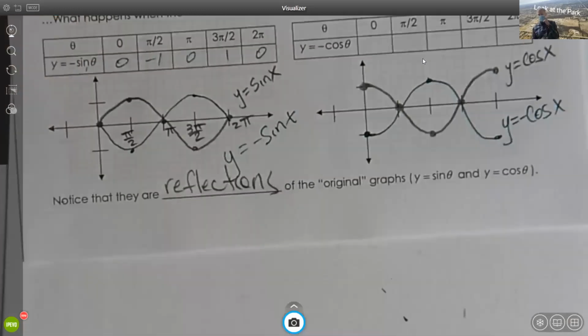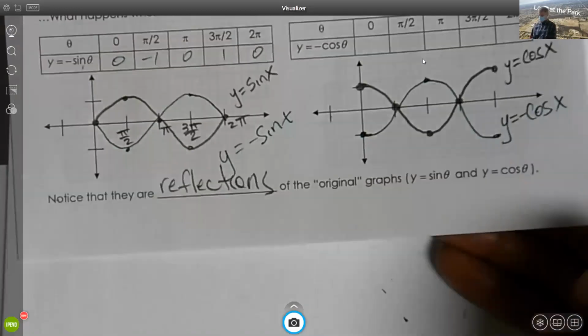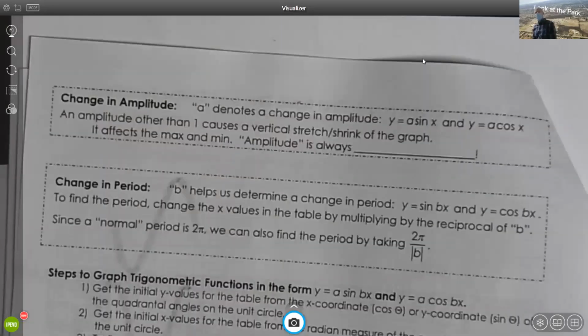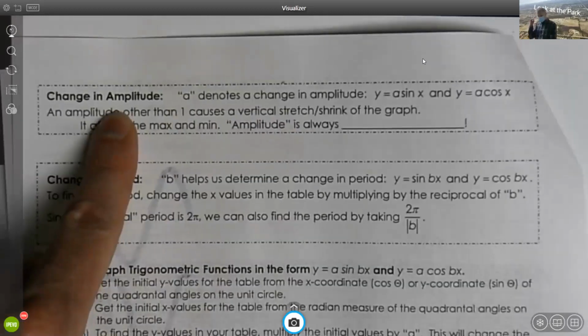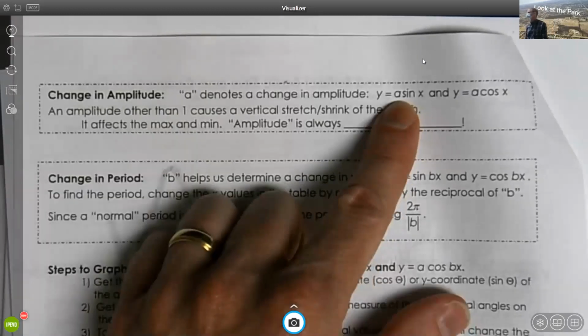So as usual, I like to graph the parent function, and then we reflect it if it has a negative. Then we could stretch it. We would stretch it if the A value is something different than 1. And that's called your amplitude. We have a change in amplitude when that A value is something different than 1.